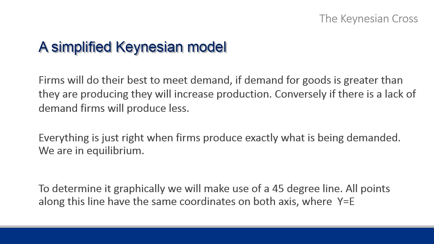The firms will then have to meet or increase production to meet that demand. And conversely, if there's a demand deficit, then firms will have to react to shelves not being emptied or being overstocked, so they'll have to produce less. Of course, when everything is exactly as planned or being demanded, we're in a state of equilibrium.